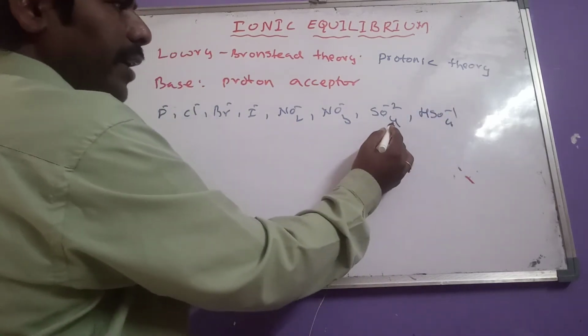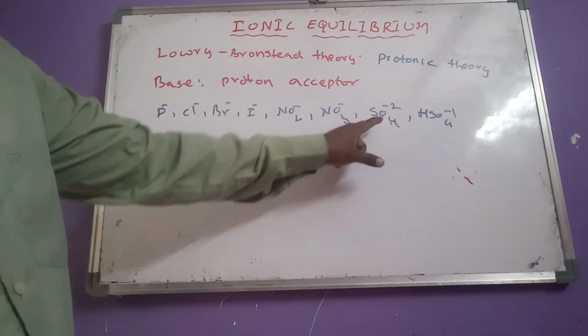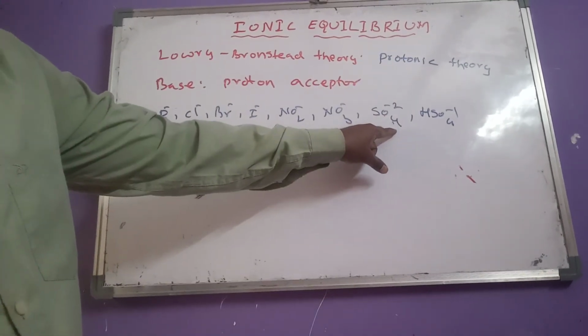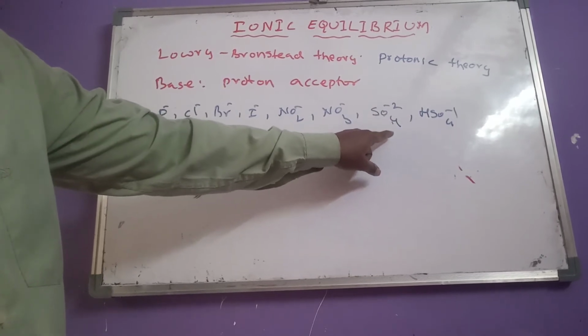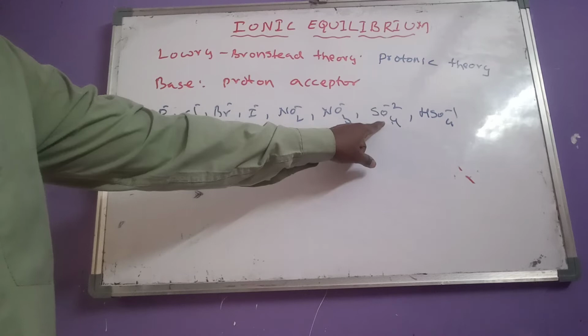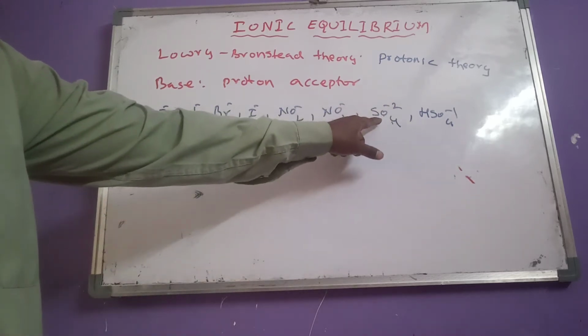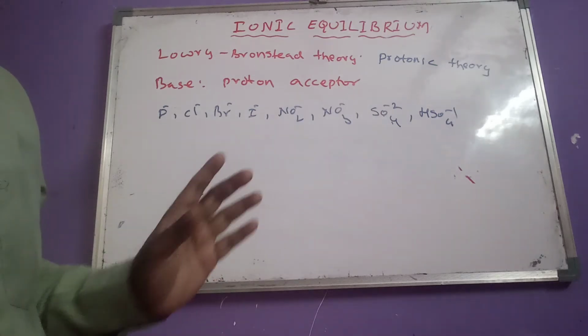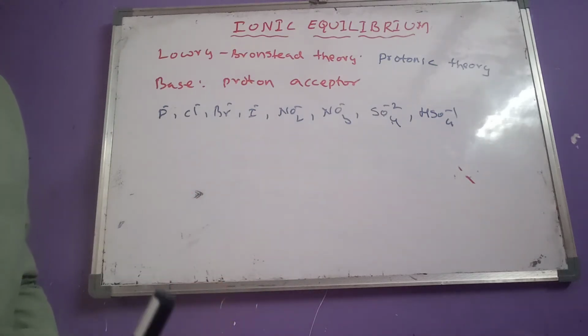So it is acting as a base. But this doesn't act as an acid, because SO4 minus 2 contains no H plus ions, it does not act as an acid. But by accepting a proton, it acts as a base. That means SO4 minus 2 acts as a base only.